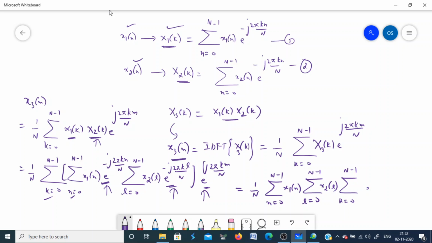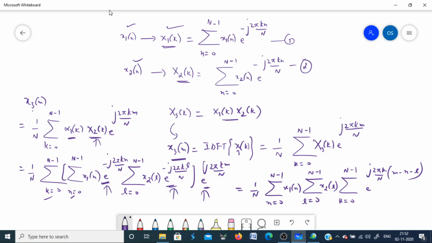So you have e raised to power j 2 pi k by N, which is common, and what you will get inside is m minus n minus l.